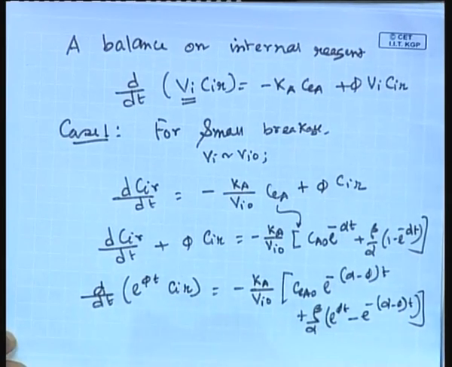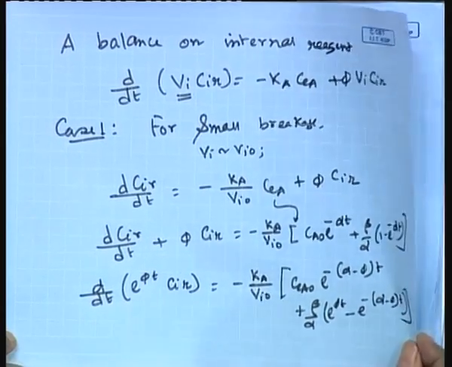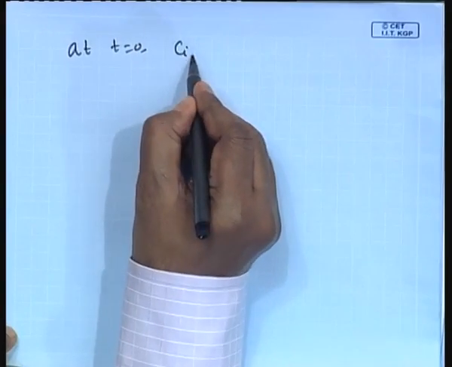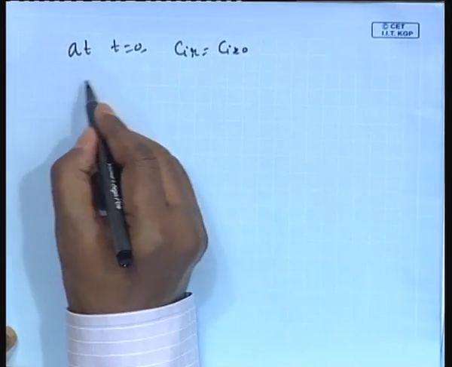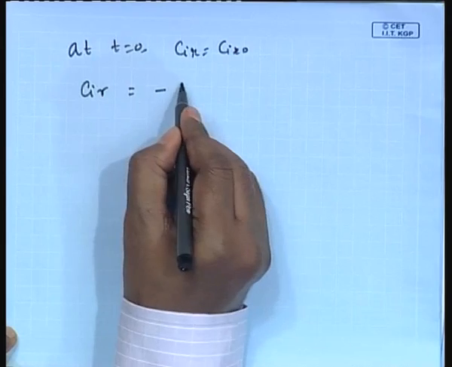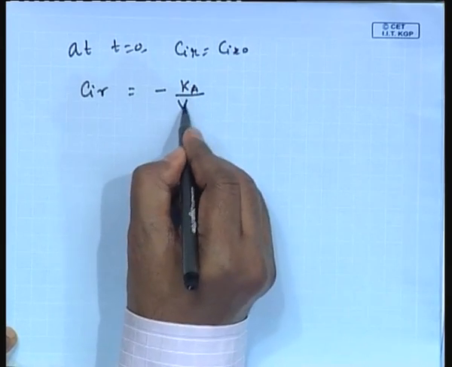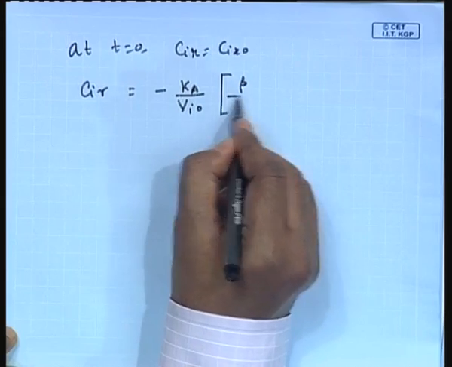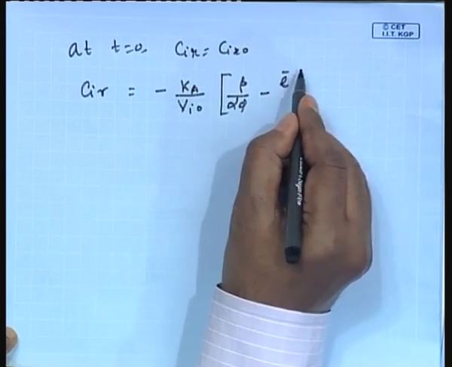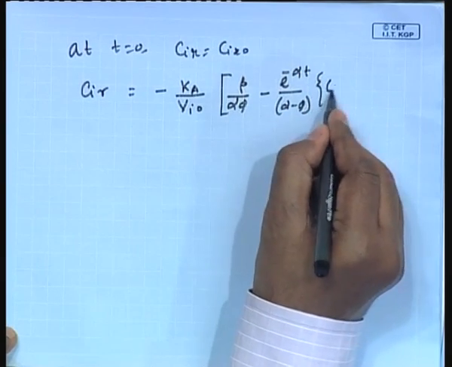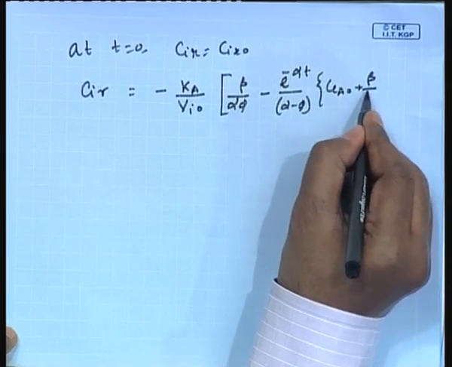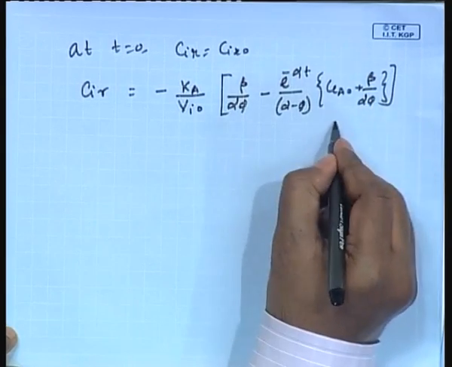So, anyway, again you will have a non-homogeneous equation, and at time t equal to 0, we consider C_IR equal to C_IR0. Okay. So, the integration of the earlier equation will give you C_IR equal to minus k_a divided by V_I0 into beta by alpha phi minus e to the power minus alpha t over alpha minus phi, times C_Ea0 plus beta by alpha phi, bracket close, plus k.